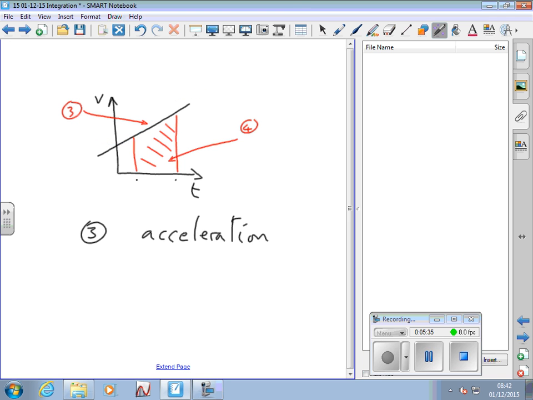Okay. What does the area underneath here tell us about the motion? Displacement, good. The displacement or the distance travelled. Well done. And to think about the displacement, what does this area tell us? Well, if I were to literally find this area, then I've got a particular shape, a trapezium, so I would split this maybe into two parts, a rectangle and a triangle, and find those two areas.